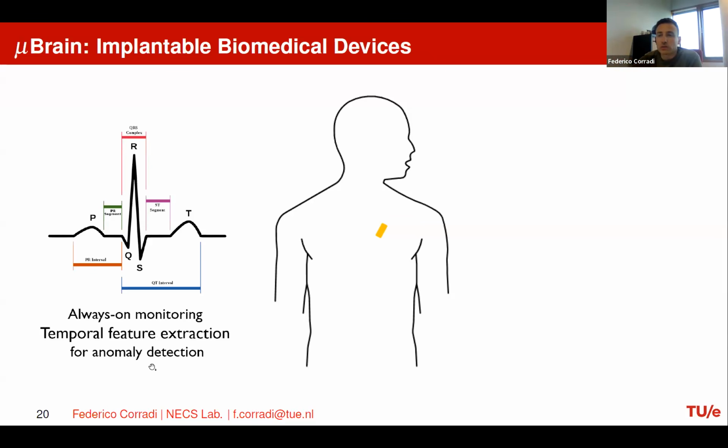for anomaly detection. Ideally, we want to know the time between the PR, the QS segment, and we want to know whether one of these complexes is present or not. Because if there are heart problems, for example, there are patients that don't have the T segment, and this might relate to some of the dysfunctions of your heart.